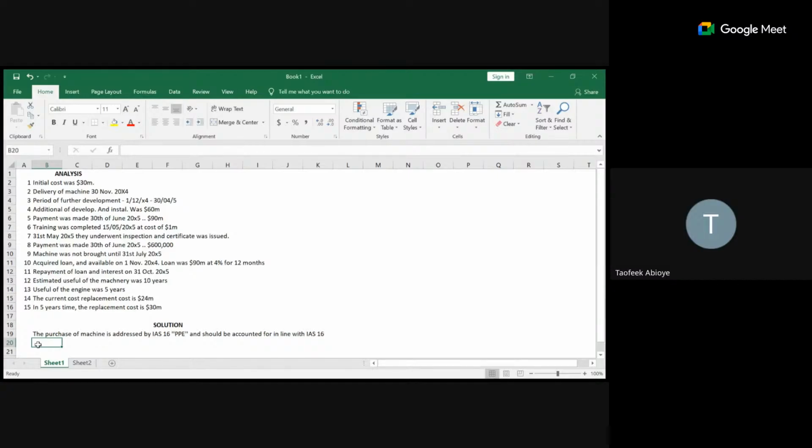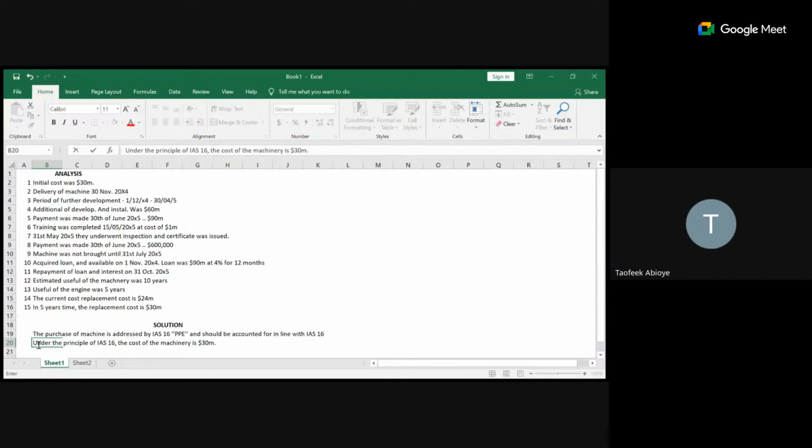So now, under the principle of IAS 16, the cost of the machinery is $30 million. Full stop.